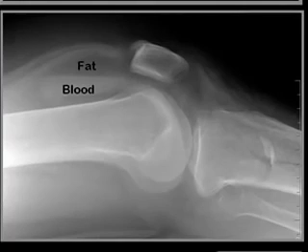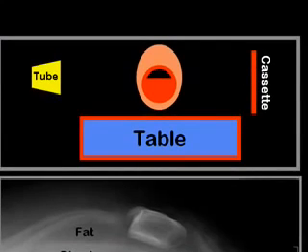This image shows the actual position of the leg when the exposure was made, with the fat floating above the blood. And this diagram demonstrates how a lipohemarthrosis can be seen by virtue of the X-ray beam being horizontal in nature.